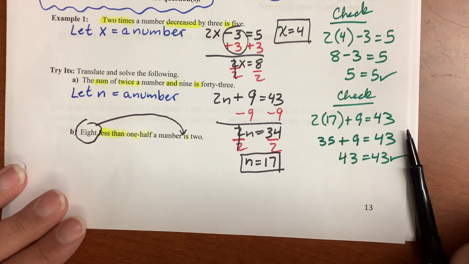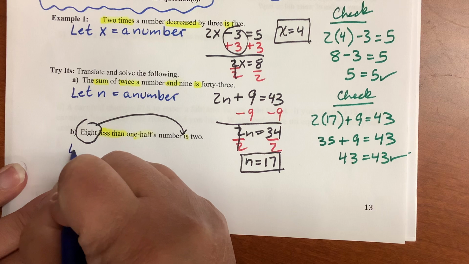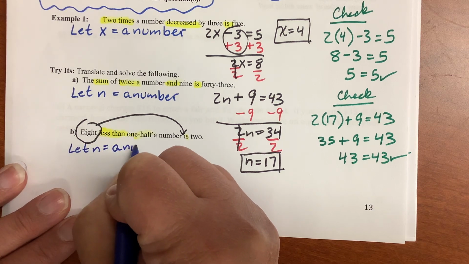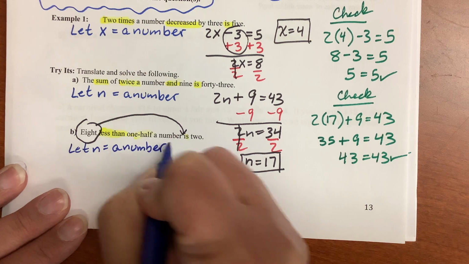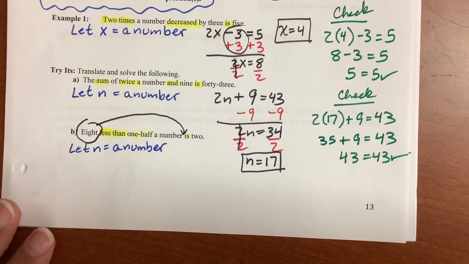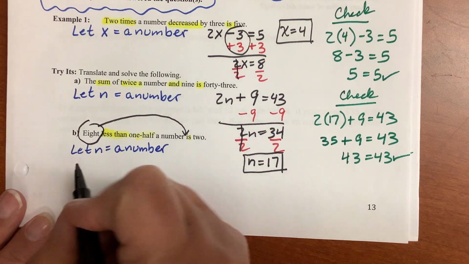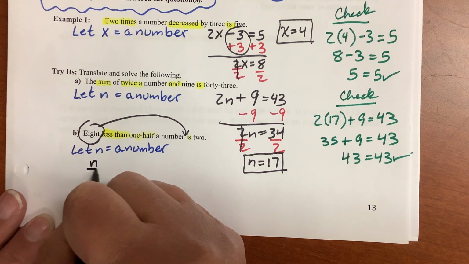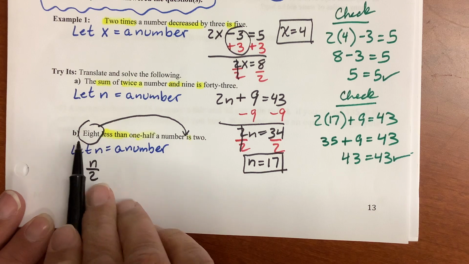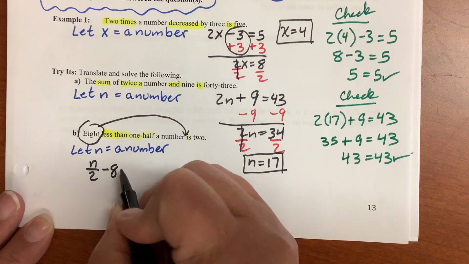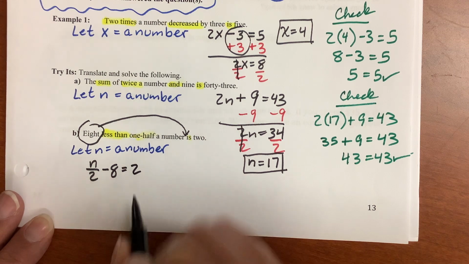Let n equal a number. All right, and 1/2 of a number, that's n divided by 2. n divided by 2, less than 8, minus 8 is 2, equals 2.